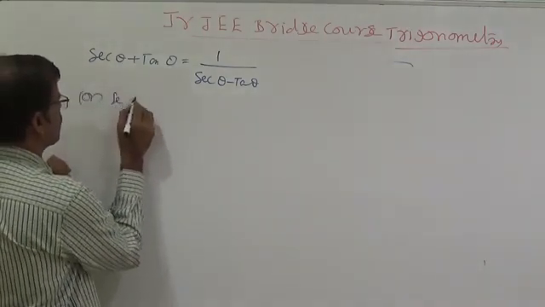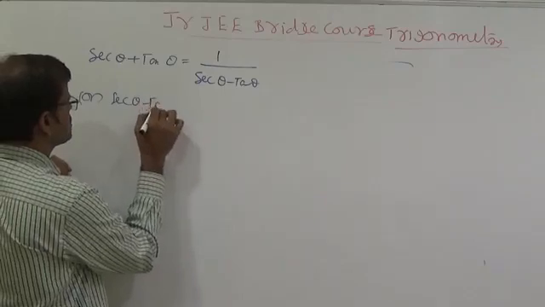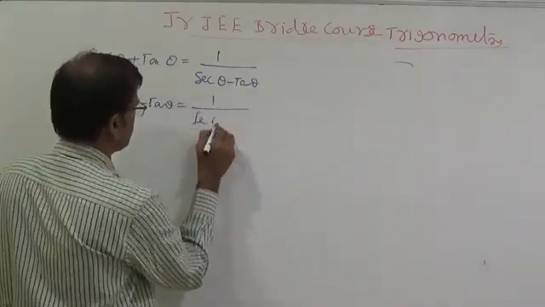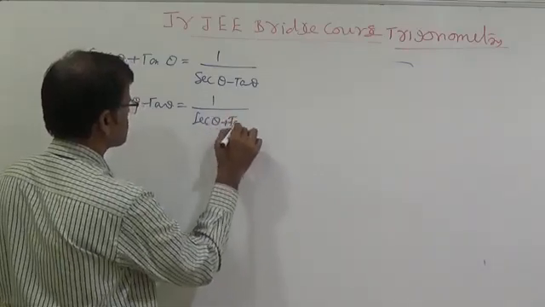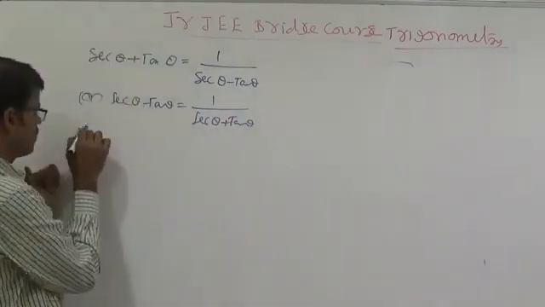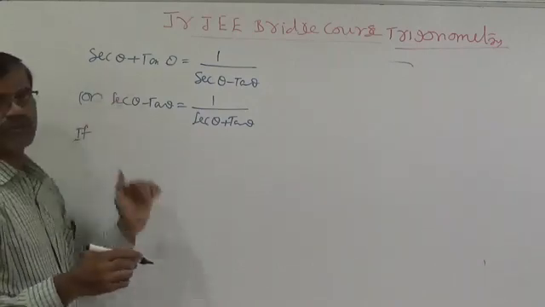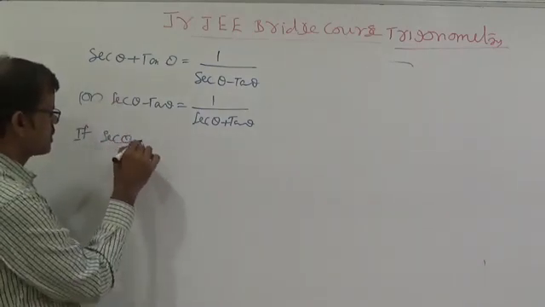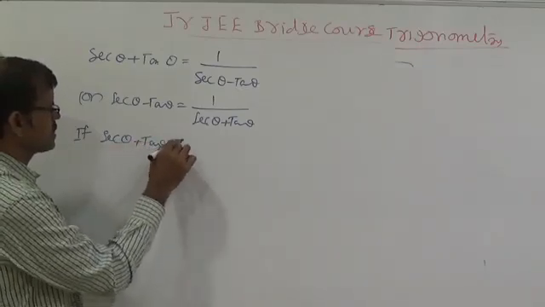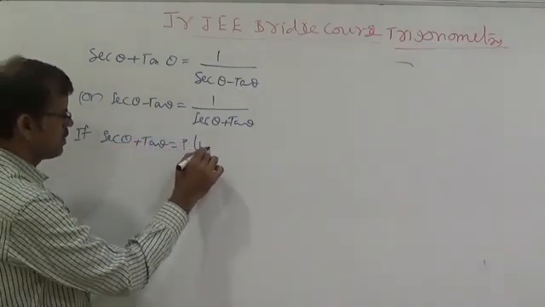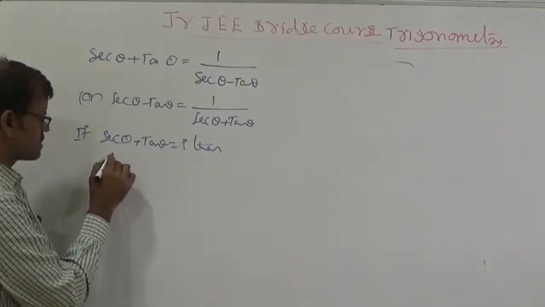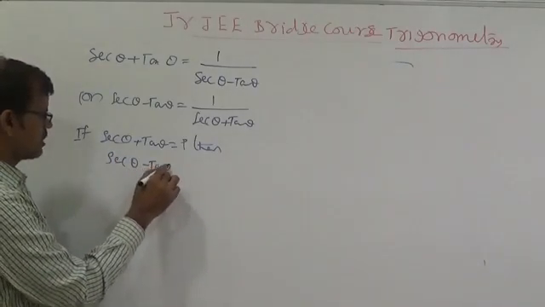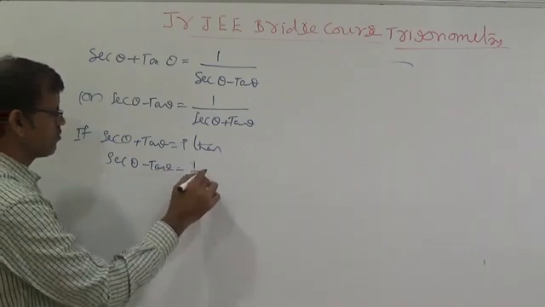Secant theta minus tan theta is equal to 1 by secant theta plus tan theta. Depending on this formula, if secant theta plus tan theta is equal to p, then secant theta minus tan theta is equal to 1 by p.